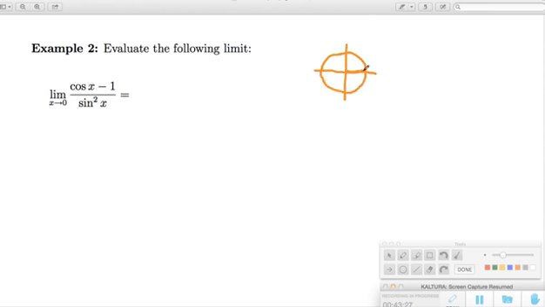Now, if the angle is 0, that once again puts you right here, just like on the last example. Remember, cosine first, sine second. So if the angle is 0, cosine is 1, and sine is 0. So unfortunately, if we tried to plug in x equals 0, sine of 0 would be 0, and if you squared it, you'd still get 0. So notice how you cannot just plug in straight for x here, or else you'd get undefined in the denominator. So we're going to have to do some sort of simplification first.